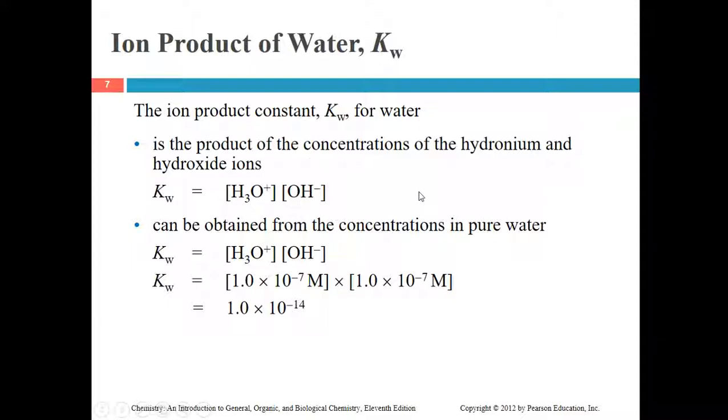We get these values from the concentrations in pure water, when it's neutral: our hydronium ion concentration is 1 times 10 to the minus 7 molar, and our hydroxide ion is 1 times 10 to the negative 7 molar. So when we multiply those together, we get that the ionization constant of water is 1.0 times 10 to the negative 14.